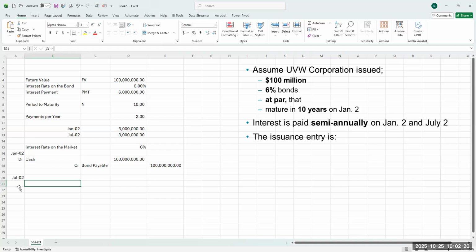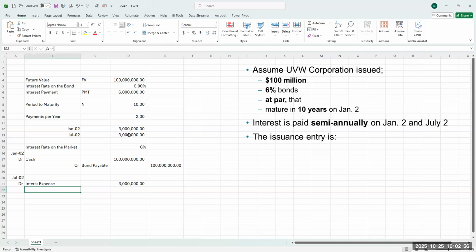Okay, so give me the debit. Interest expense. How much? 3 million. 6 million is for the entire year. If I'm paying on December 31st, it will be 6 million, but I'm paying twice, once in July and once in January.